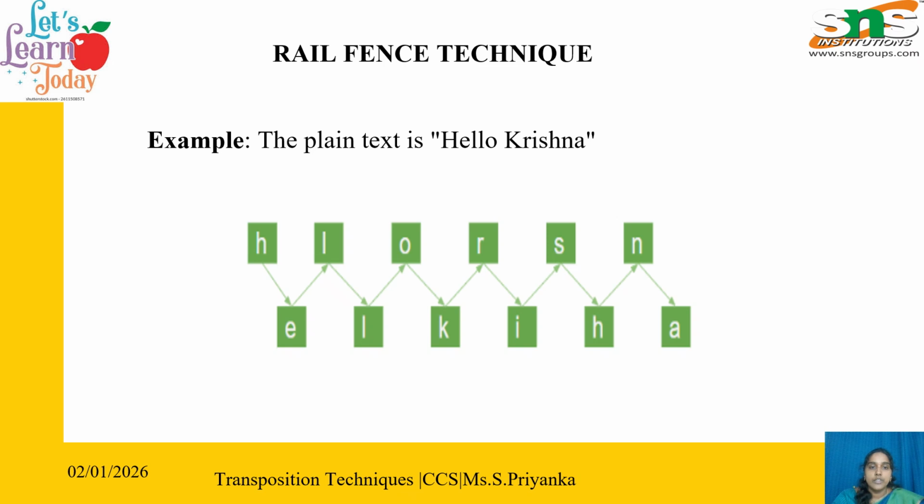In this order, the letters will be written. If the depth is 3, the number of rows will be 3. If the depth is 2, the number of rows is 2. Based on the depth, the rows will be increased.